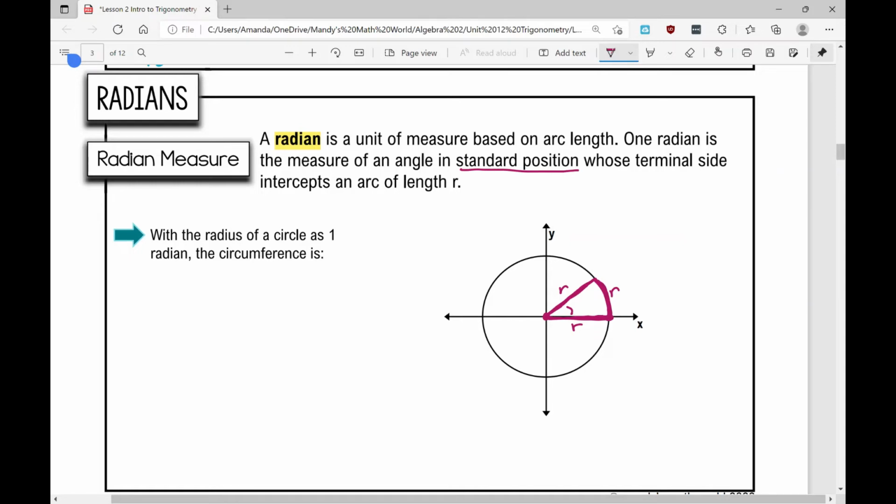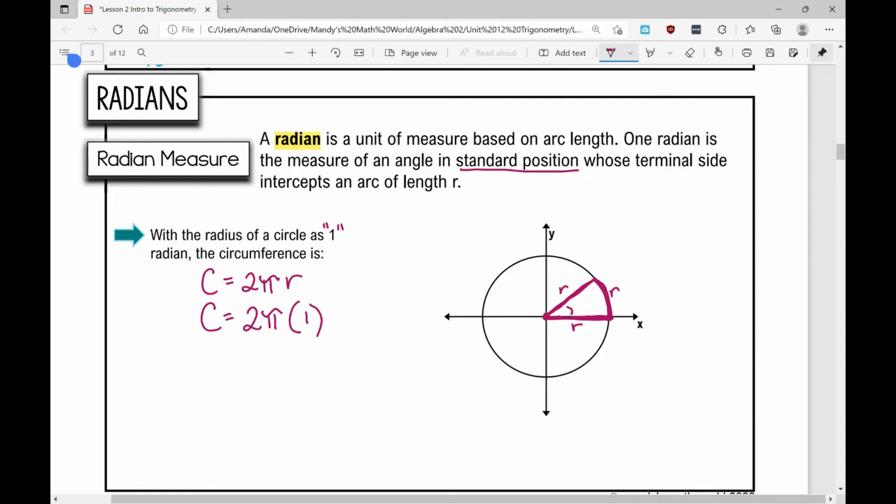Okay, so now let's talk about a radius. If the radius of a circle is 1 radian, the circumference is, well, I know the circumference of a circle is 2 pi r, okay? If the radius of the circle is 1 radian, meaning this right here is 1 radian, then I know the circumference is going to be 2 times pi times 1, right?